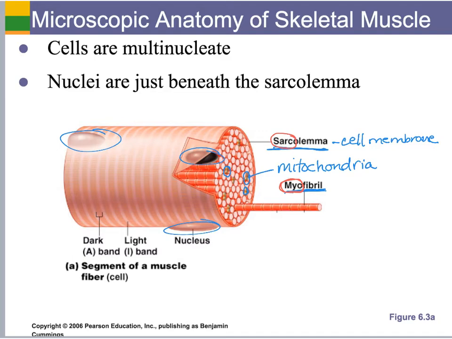So if you think about a skeletal muscle, and when you think about what it's composed of, you can think about what you eat for dinner if you're a meat eater, right? Because we say, if you want to get protein in your diet, the best way is to eat lean meat.